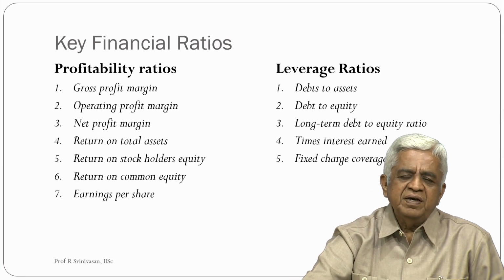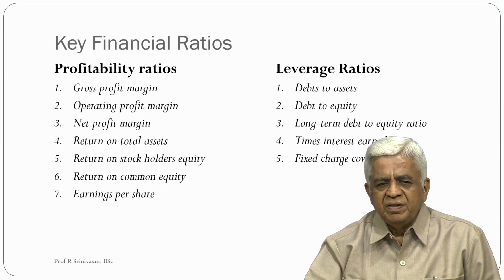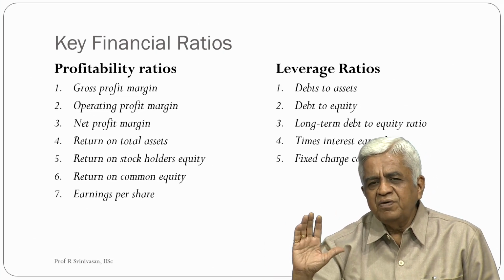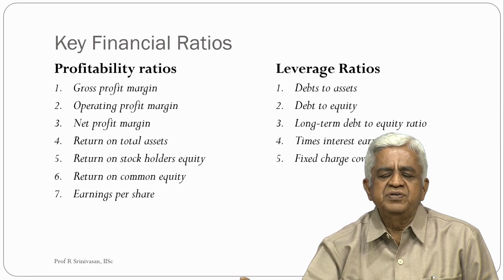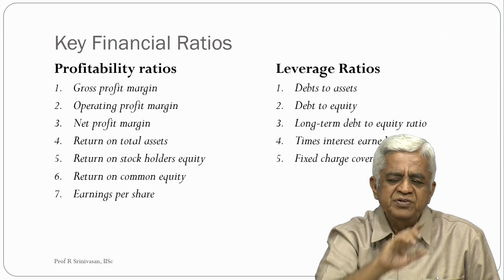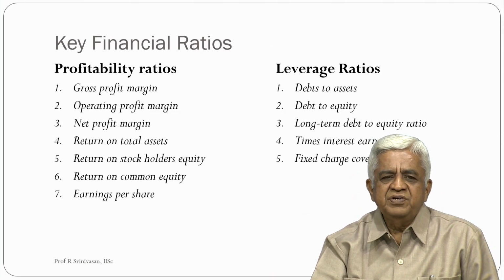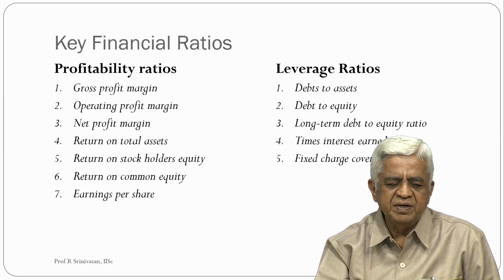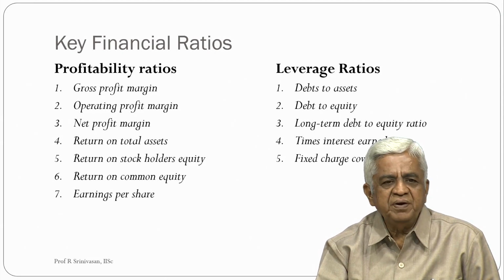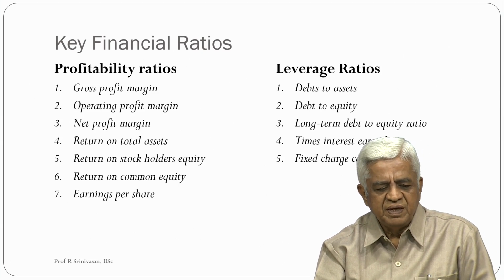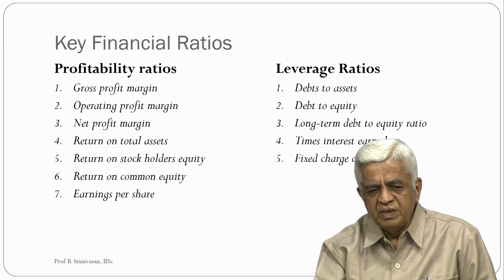When you look at any case for that matter, you have to look at 4 key financial ratios. You can look at more. What are these financial ratios which you have to look at? One of the things which you look at with respect to an organization is the profitability ratios.